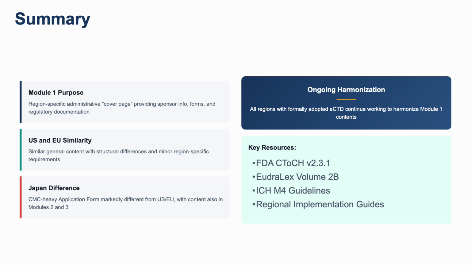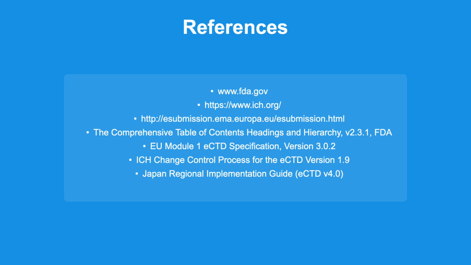Here are the key references for today's material that you should consult for your written assignment and professional development. The FDA website at www.fda.gov contains all forms and guidance documents. The ICH website at ich.org provides the M4 guidelines and other harmonization documents.